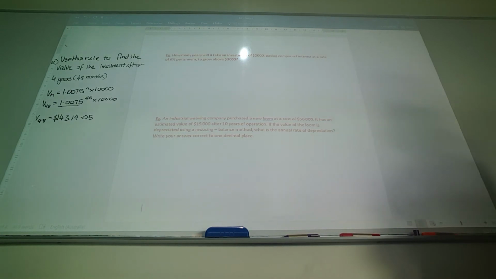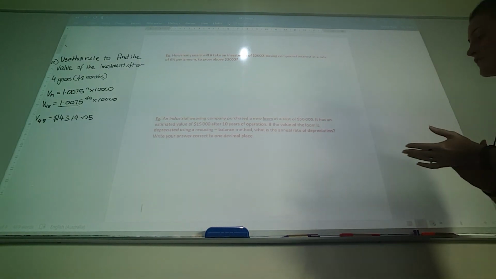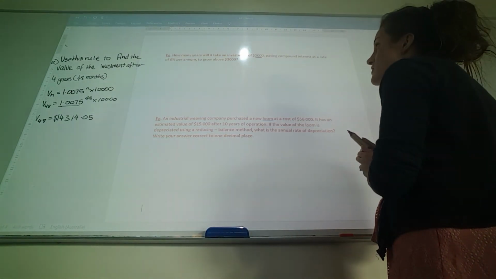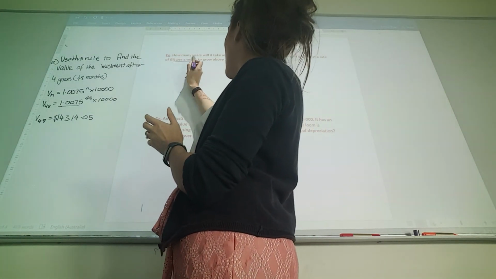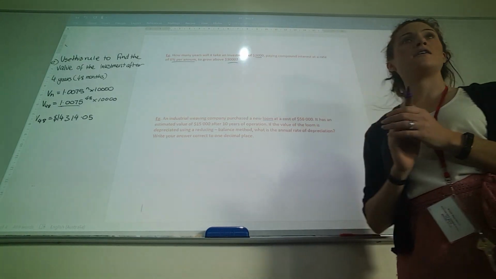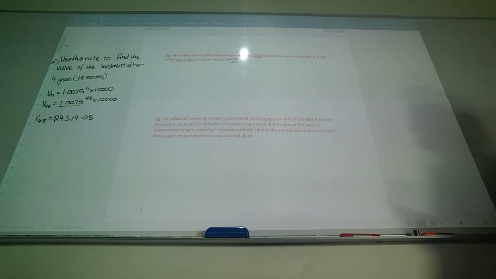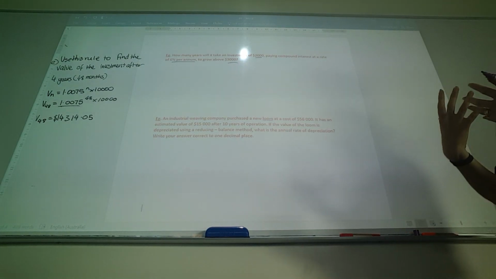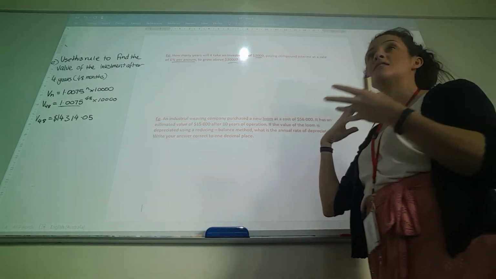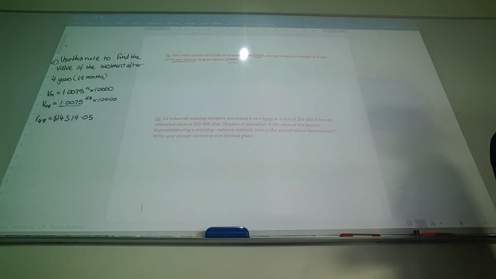So how many years will it take for an investment of $2,000 paying compound interest at a rate of 6% per annum to grow above $3,000? So we're using the same concept, but this time we've been given how much we end up with, and it's asking how long it took to get there.